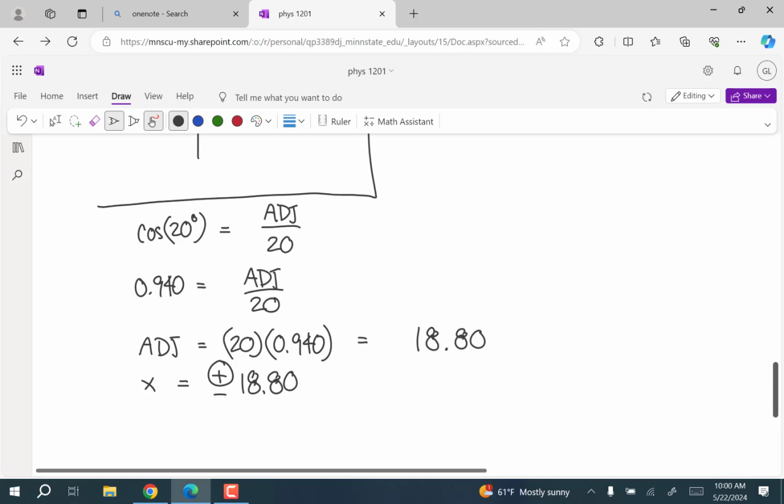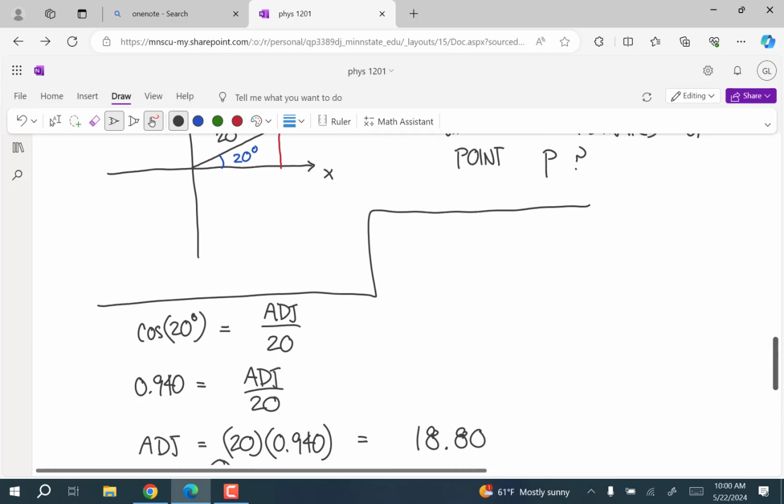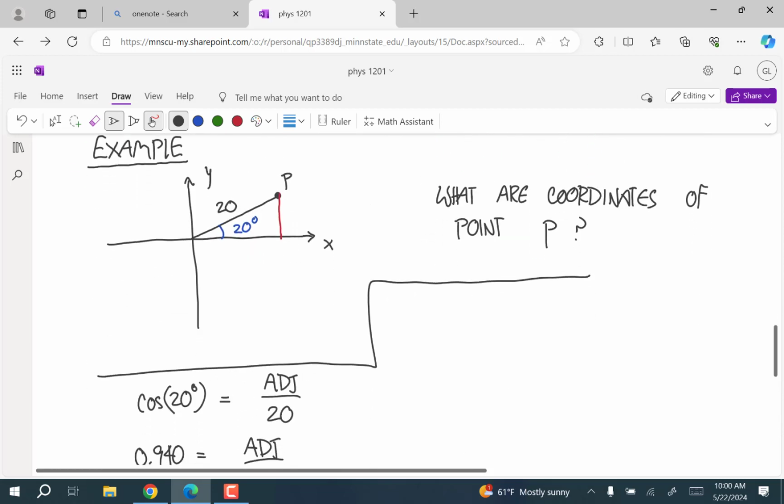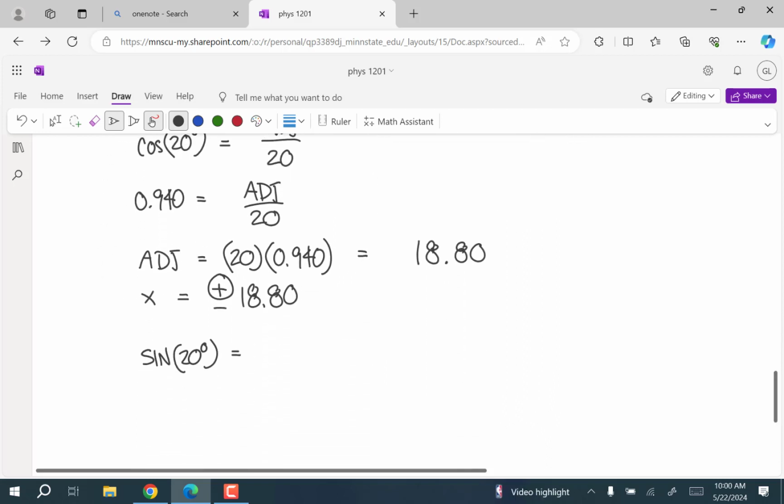And now we'll do a similar thing for y. We know that the sine of 20 degrees is equal to, you can see for this one, we want that red line length. And so the sine of 20 degrees is the opposite over the length of the hypotenuse.